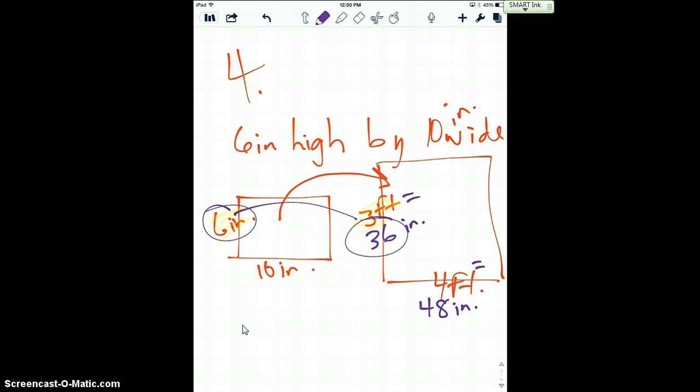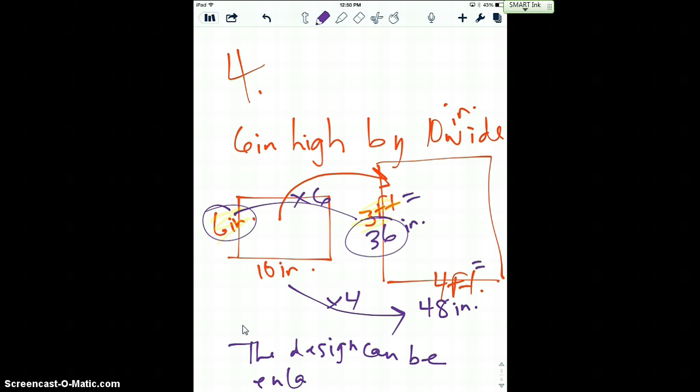Here, I can multiply by 6. Here, the largest I can go would be 4. So I can't go up to 5 because that would be too much. So the design can be enlarged at most by... actually, you know what?